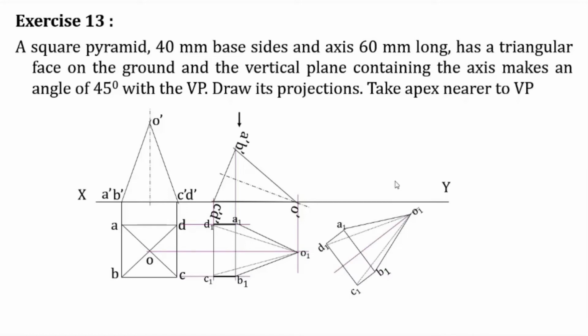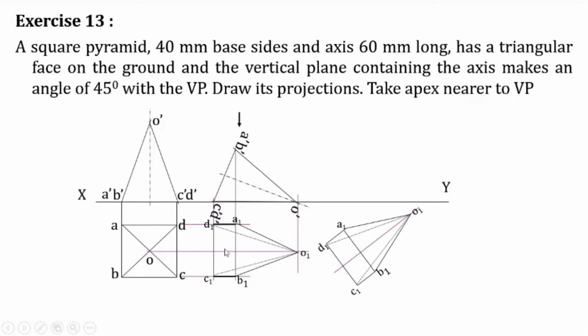Since the apex is nearer to VP, you have to draw it like this itself, that is with the O1 nearer to the XY line. The axis in this case is the line passing through O1 and that particular horizontal line. This is representing the axis.